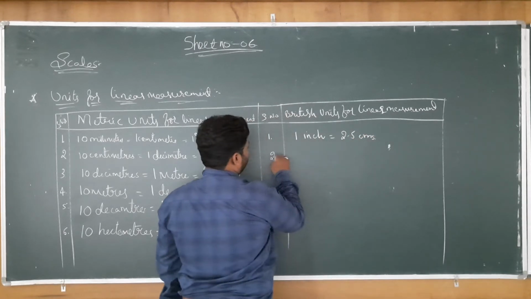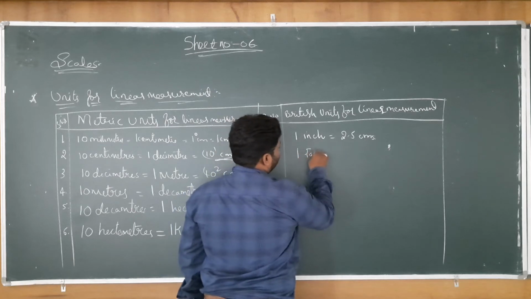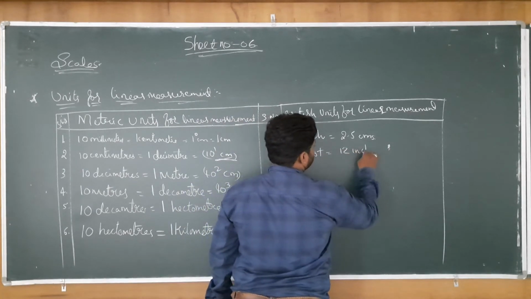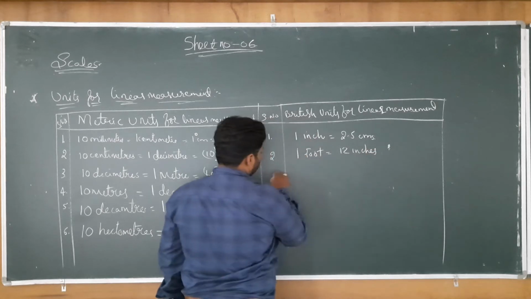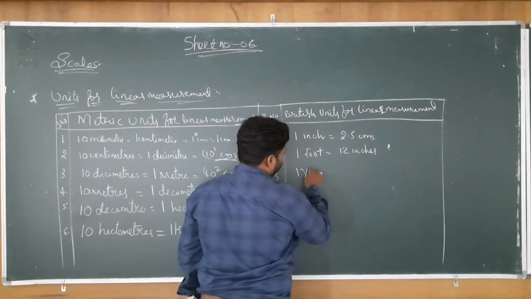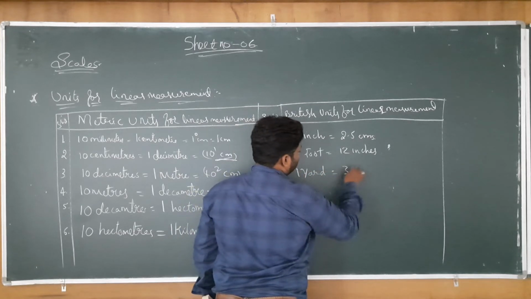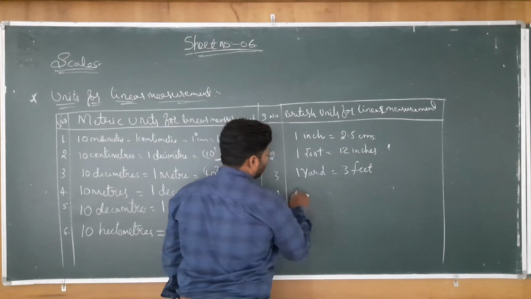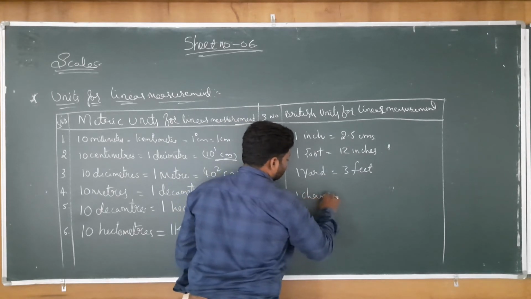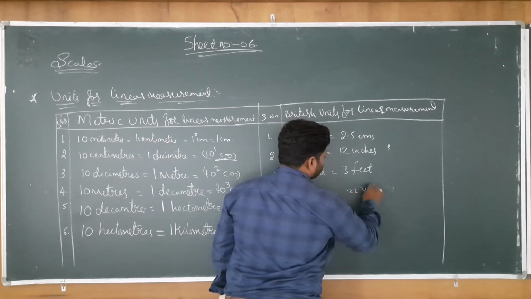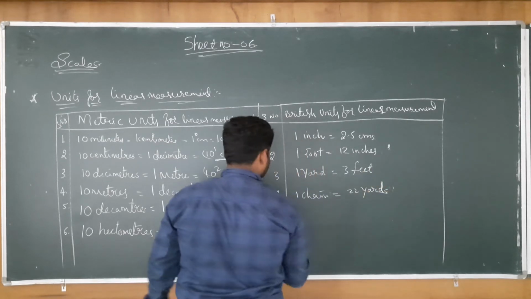Now, the second one, 1 foot is equal to 12 inches. Third, 1 yard is equal to 3 feet. Fourth one, 1 chain is equal to 22 yards.